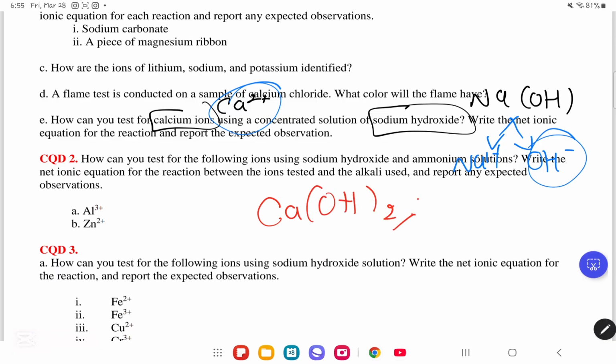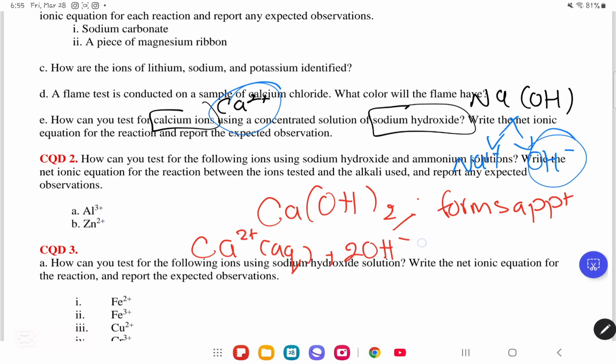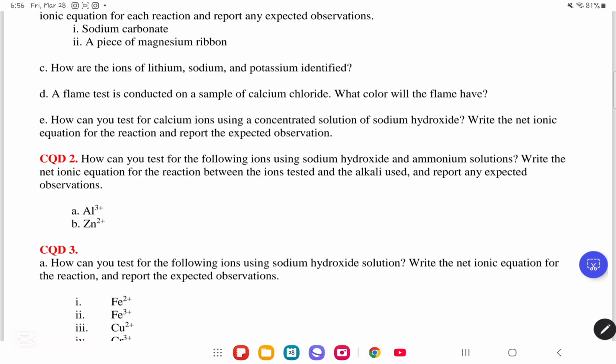This is insoluble in water, so it forms a precipitate. PPT means precipitate. So Ca2 plus aqueous, in addition to 2OH minus aqueous, will form Ca(OH)2 solid. That is it for CQD 1.